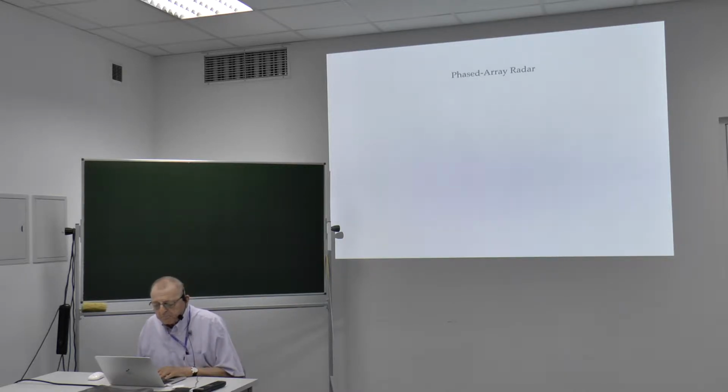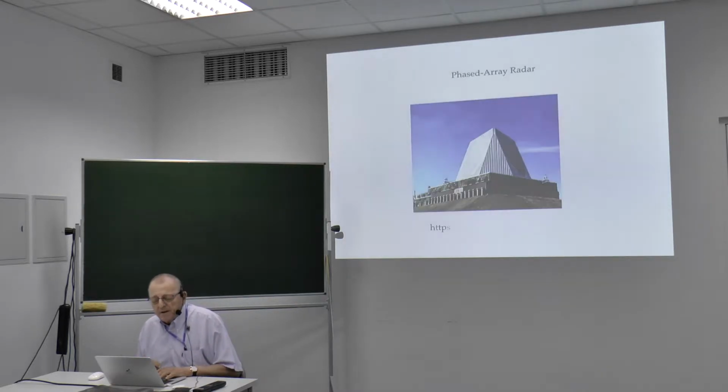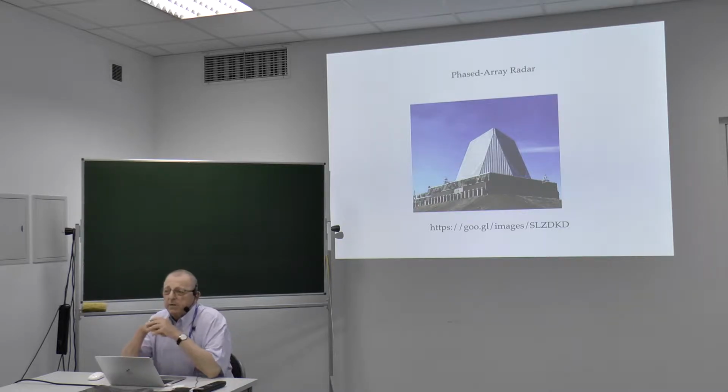All right. So this is also how the phased radar work. The phased radars are the devices which have been for years and years secret devices. Then that is the one which is in Google, so I'm allowed to show you this.